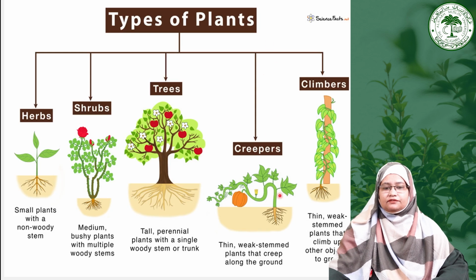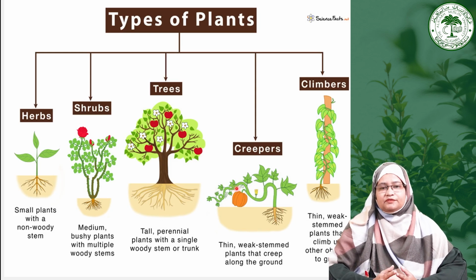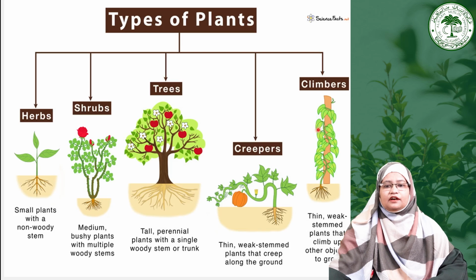Then the fourth category is the creepers. Creepers also have weak stems and they creep along the ground. The best example of creepers is the cucurbitaceae plants. And the last category is the climbers.